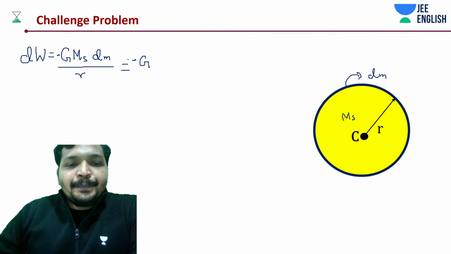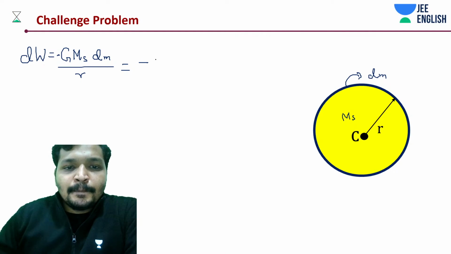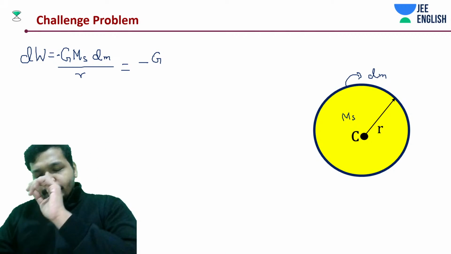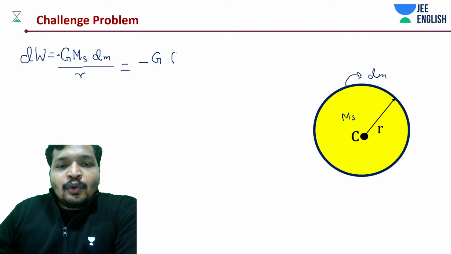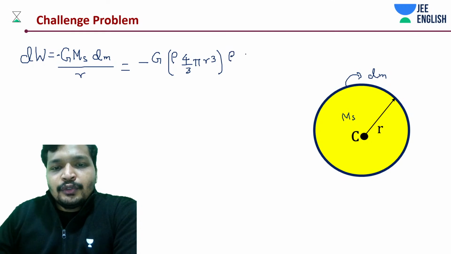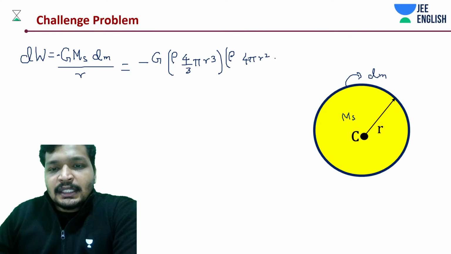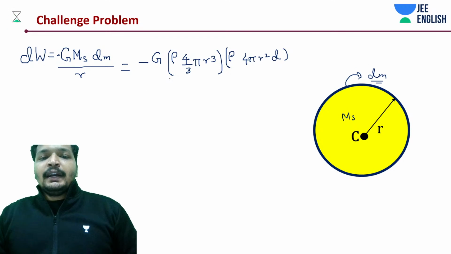Okay, that's fine. Now, what is the value of Ms? It's basically rho into 4 by 3 pi r cube into rho into 4 pi r square dr, which is nothing but dm, divided by r.